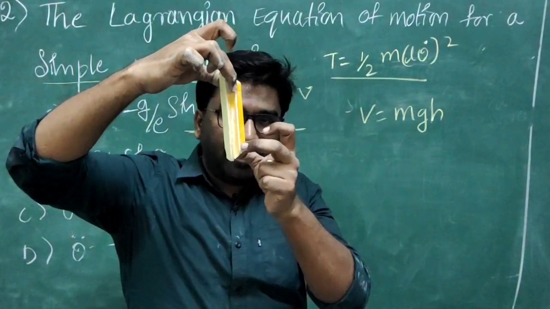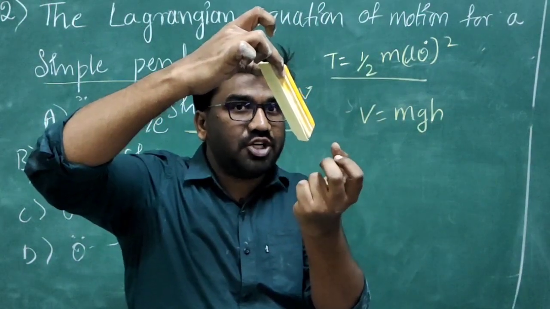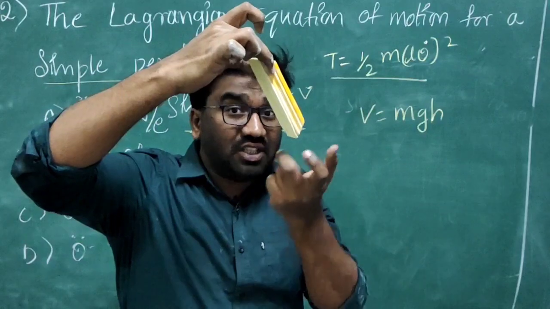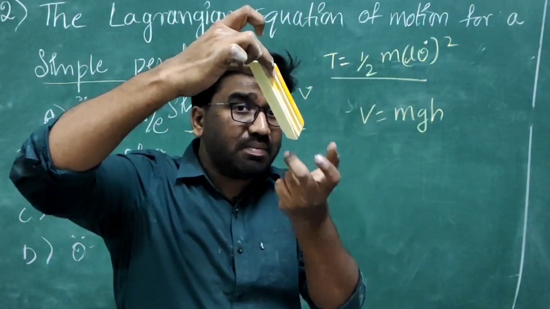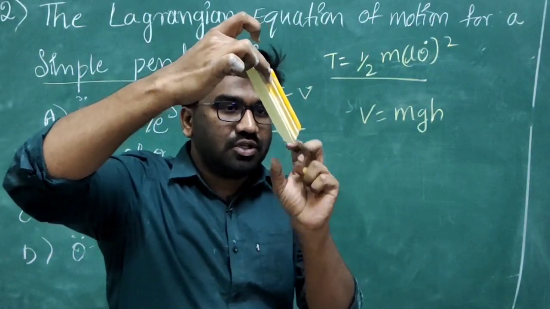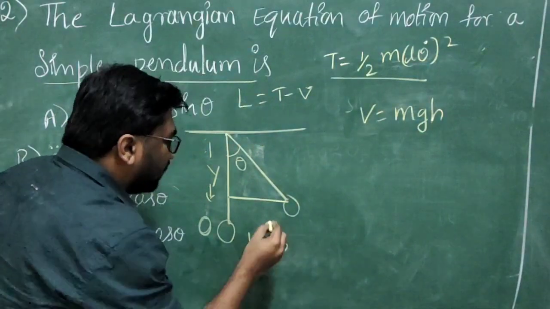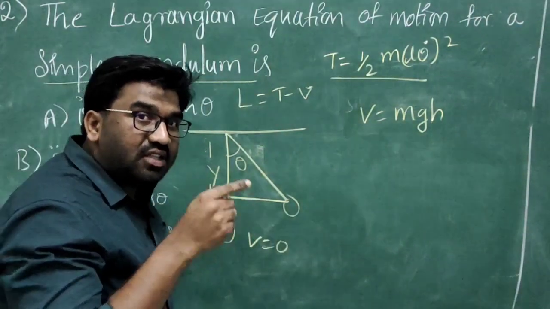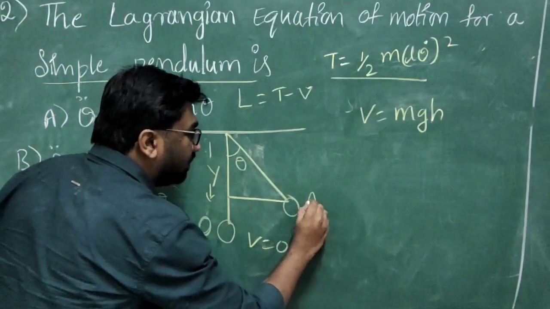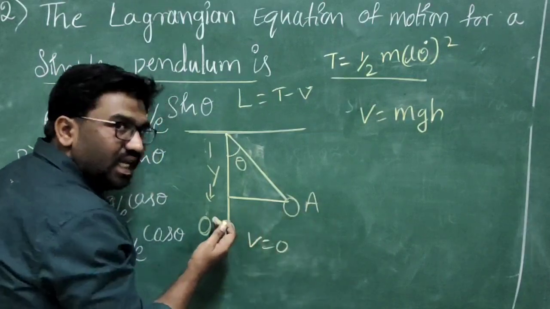The moment the pendulum starts moving, it gains some potential energy because it moves opposite to the earth's gravitation. It feels some gravitational force, so now it has some potential energy. We should calculate that. Let us consider this is the position A, but we should resolve this position A to the vertical axis.